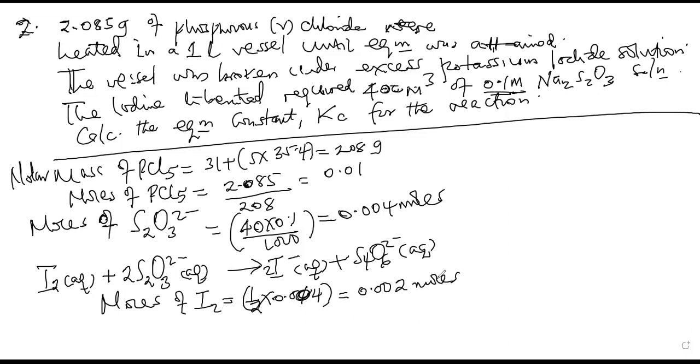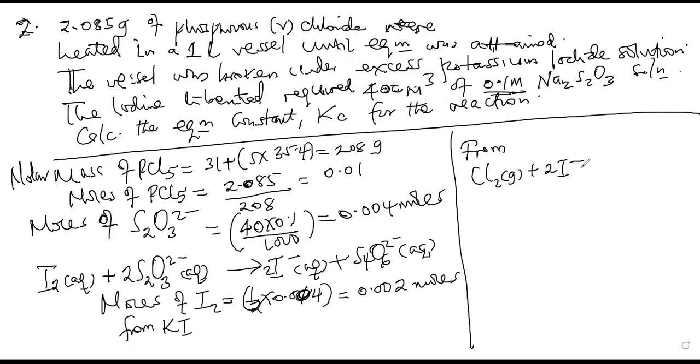Then another thing, actually these moles of iodine were formed from potassium iodide. All right. Then now, again from chlorine gas plus iodide ions to form iodine aqueous plus 2Cl minus.